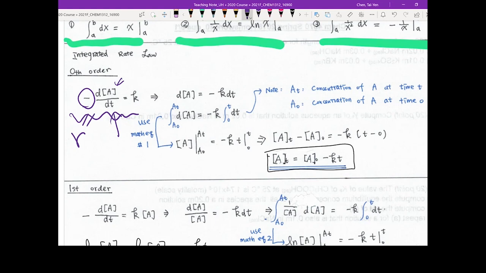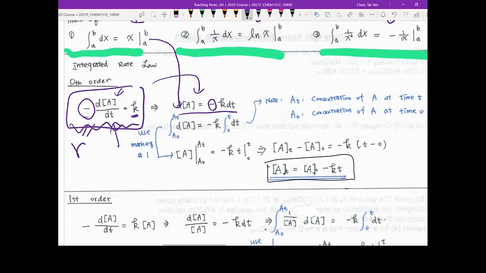And then we know for zeroth order, it just equals your K. The next thing you do is multiply dt on both sides. Then you have dA equals K dt, and you move the negative sign to the right. Do the integration on both sides, okay? And that's the time we are going to use math equation number 1. So what it says is if you have dx, you do the integration of that, you will convert back to x.